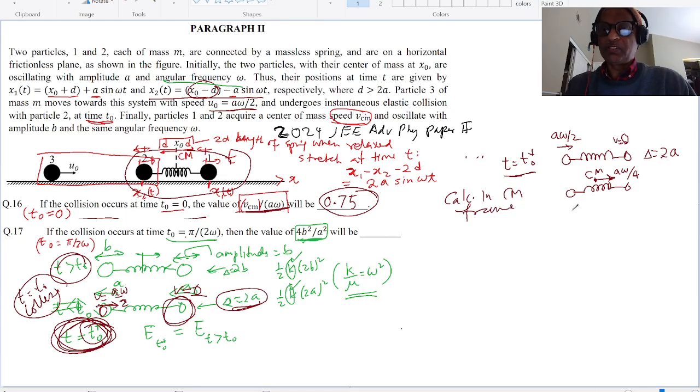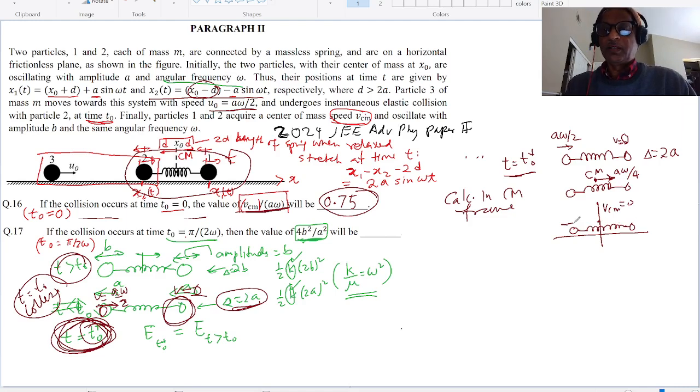That makes it much easier actually. In this frame, the CM will go nowhere. VCM is 0 in this CM frame, and this guy will just go back and forth.